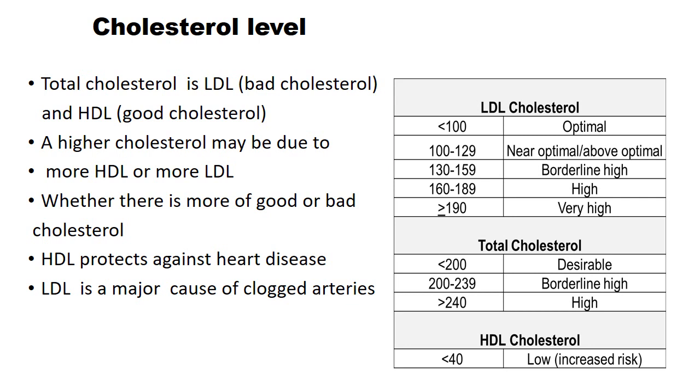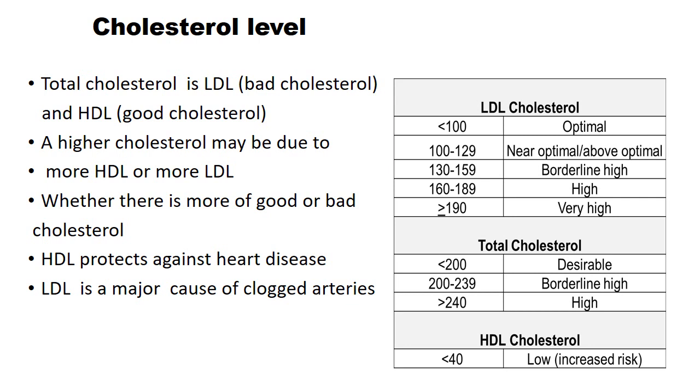Cholesterol, for example, you can check the cholesterol level. The total cholesterol includes the LDL, bad cholesterol, and the HDL, the good cholesterol. Now, a higher cholesterol level may be due to more LDL or more HDL. Either the good is more or the bad is more, both together the value becomes more. Why we need to know whether the good or the bad is more is because HDL protects against heart diseases and LDL is a major cause of clogged arteries.